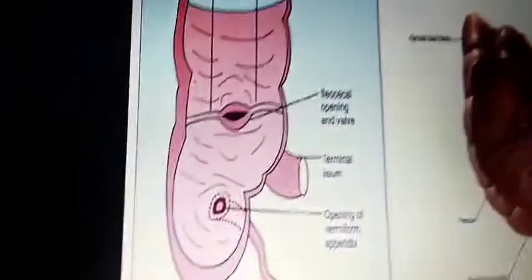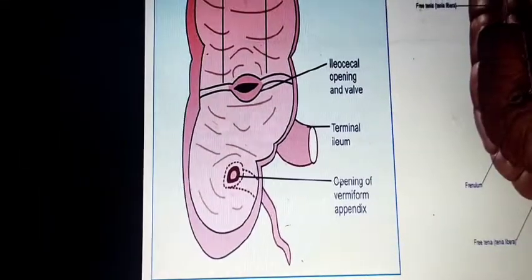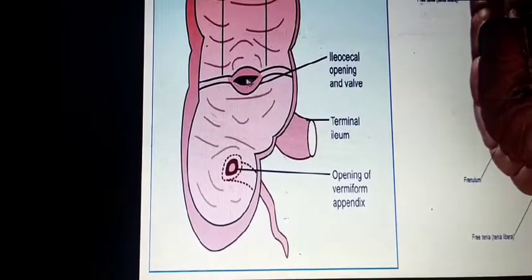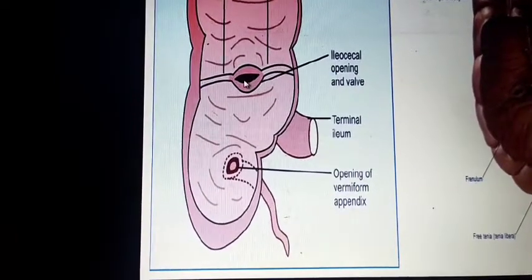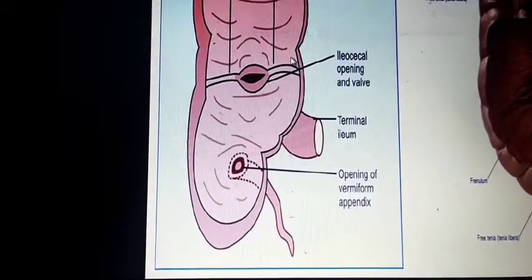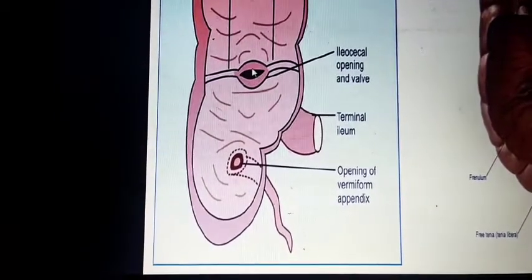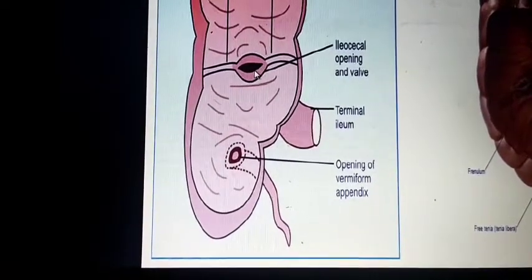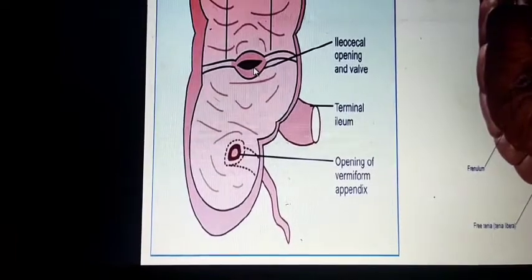You can see this is the ileocecal junction. It has two lips. These are the lips, and this is a frenulum, right and left frenulum. This is the upper lip, and this is the lower lip of the ileocecal opening.